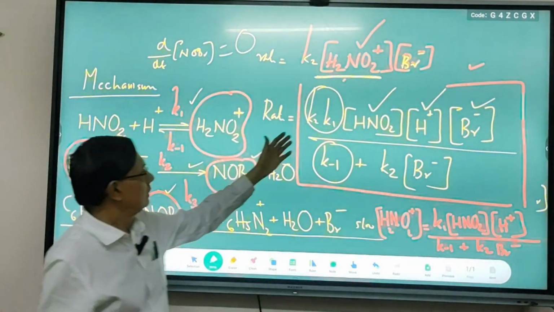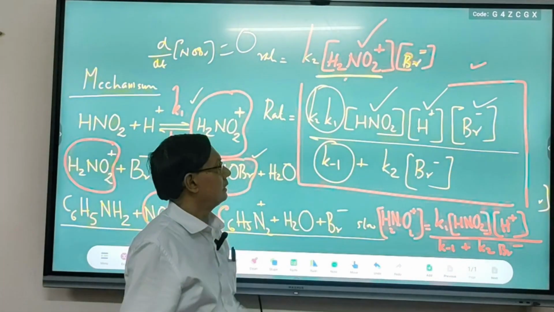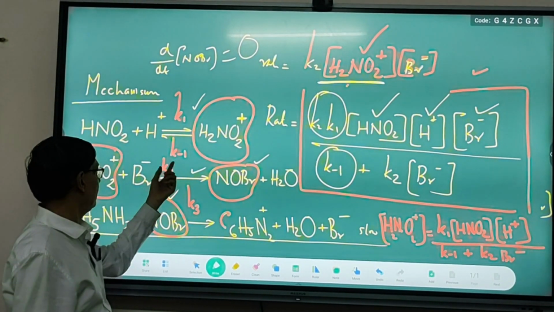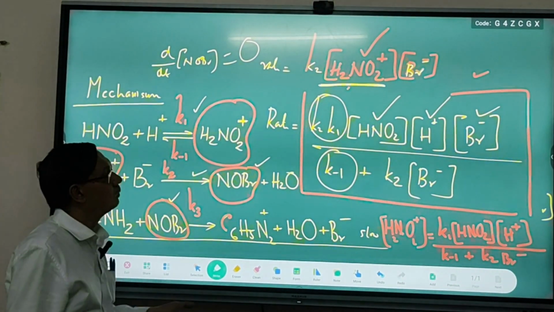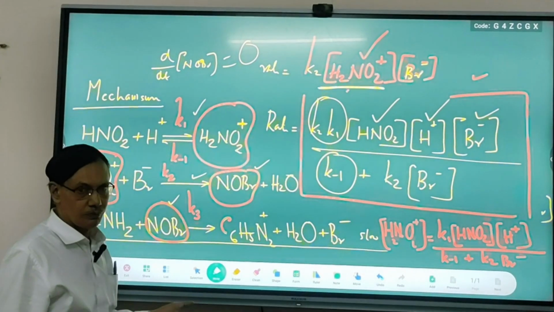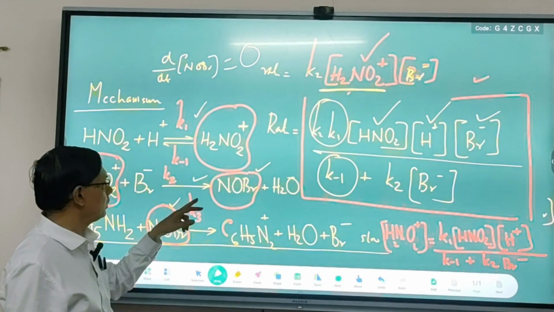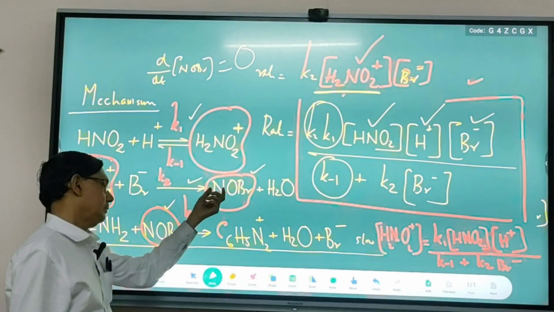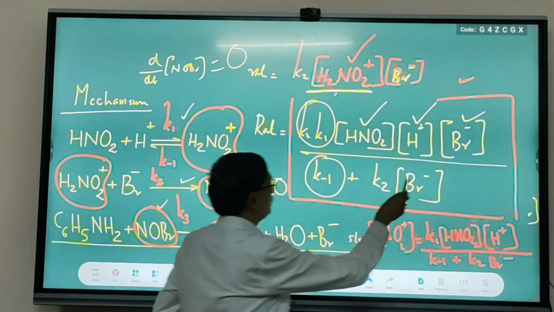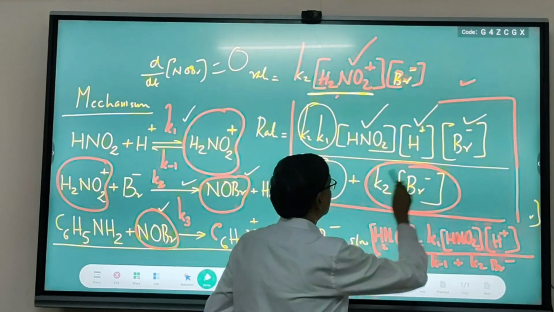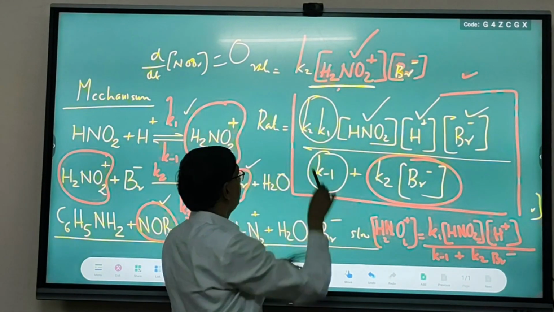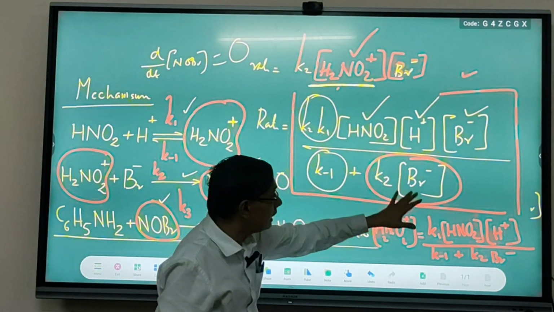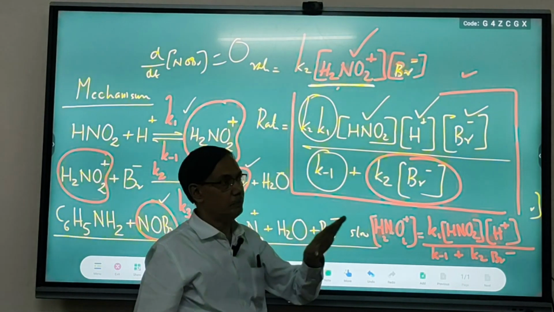Or suppose in step number 3 the magnitude of K2 Br- is very low. Because, as I told you, there are two slow steps, in some cases it is slow, so you can remove it. So you can write K times HNO2 with a constant, which is consistent with the mechanism.